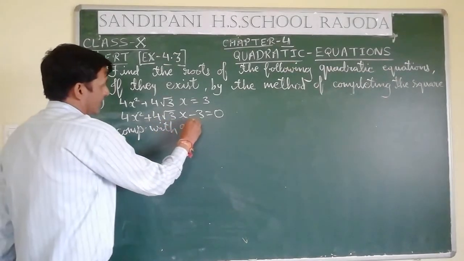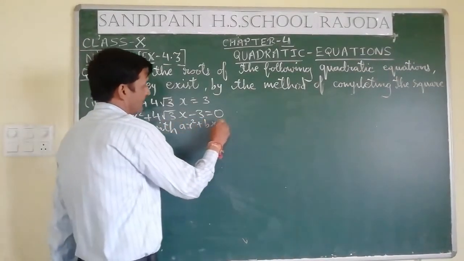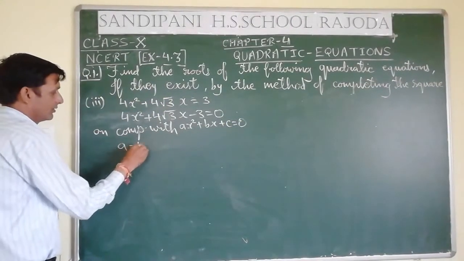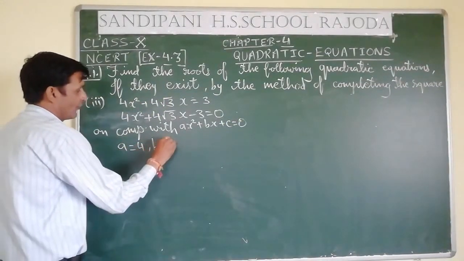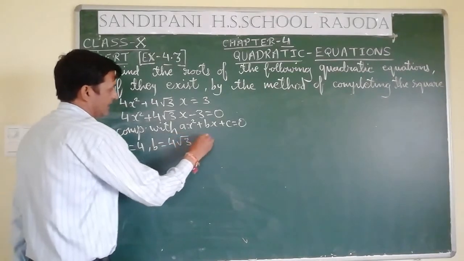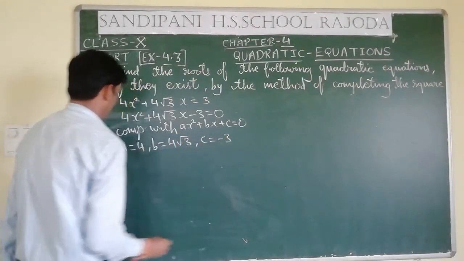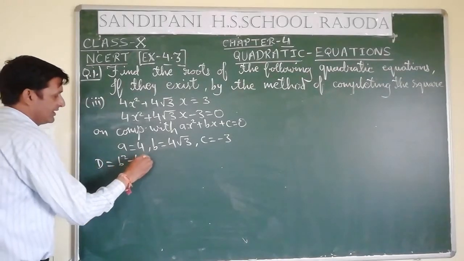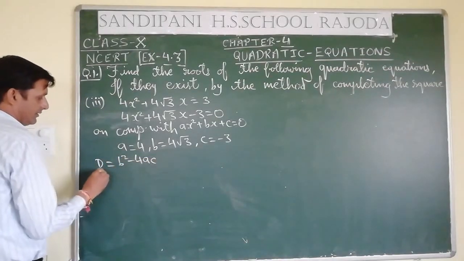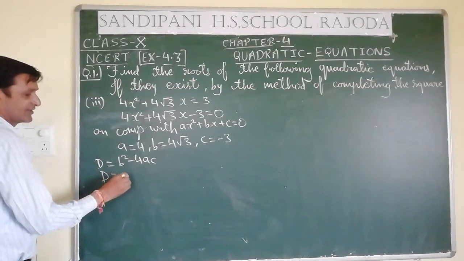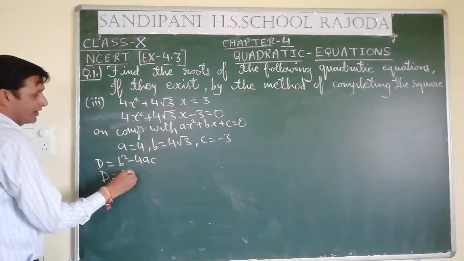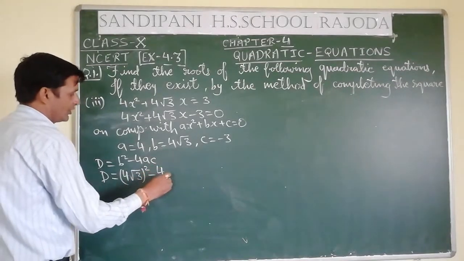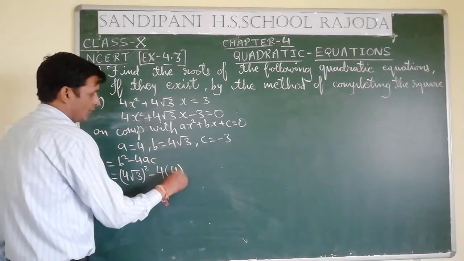On comparing with ax square plus bx plus c is equal to 0, a is equal to 4, b is equal to 4 root 3 and c is equal to minus 3. D is equal to b square minus 4ac. So D, that is discriminant, I have told you already, 4 root 3 square minus 4 into 4 into minus 3.